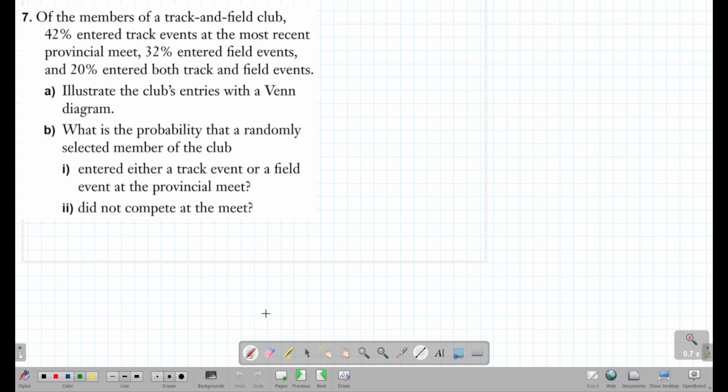So first thing I'm going to do is define our events. T can be the member entering a track event, and F can be the member entering a field event.